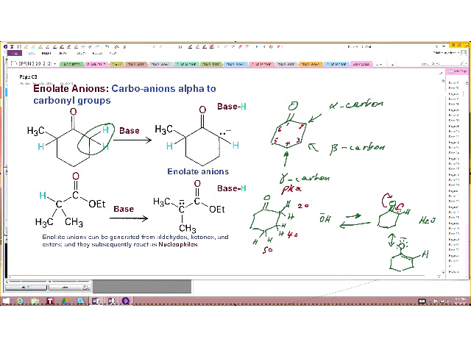So you can see here, the conjugate base that we obtain from the alpha hydrogen could be stabilized by resonance. And that is why it is more acidic than the other hydrogens on this molecule, because this conjugate base here cannot be stabilized by resonance. This one here cannot be stabilized by resonance.